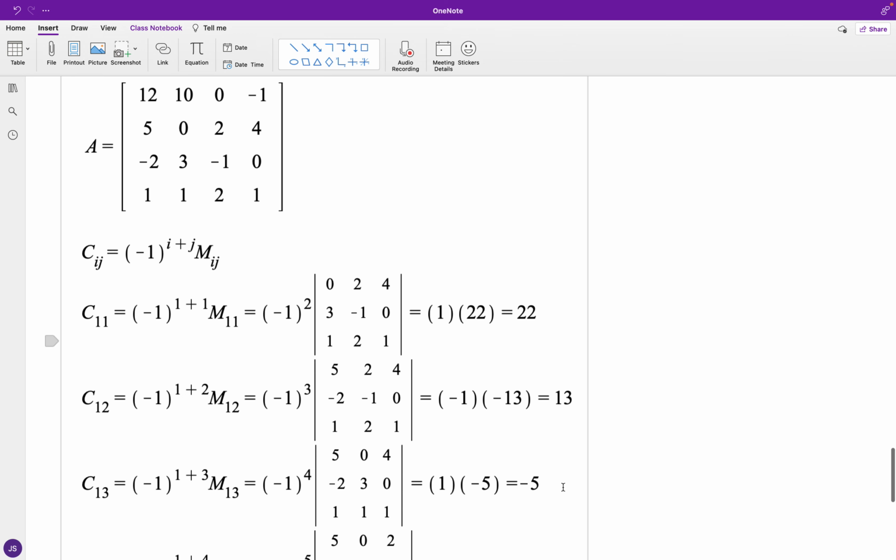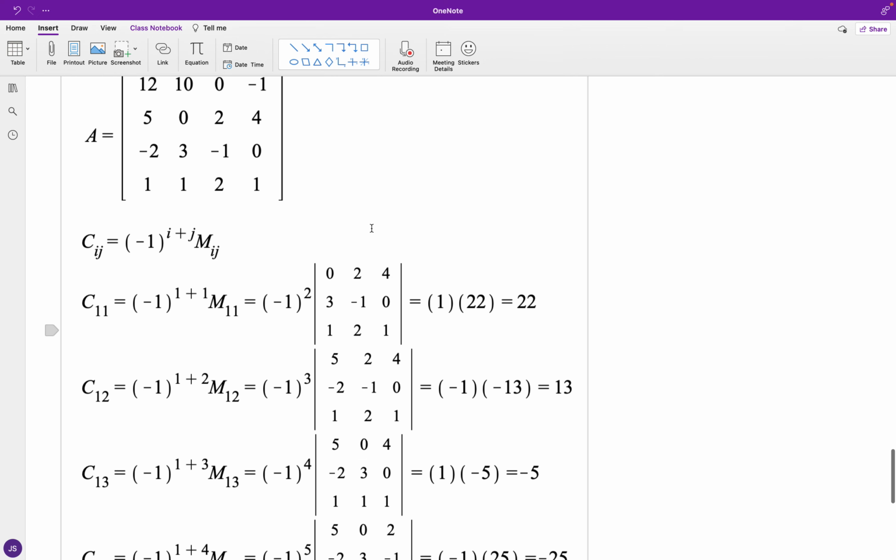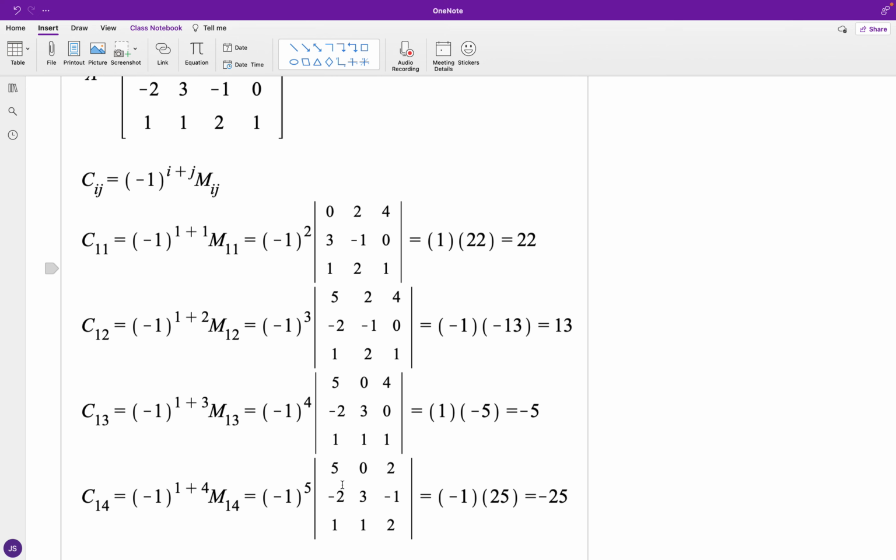And for the remainder of the top row, with the last column, covering up the top row and the last column elements, I have 5, 0, 2, negative 2, 3, negative 1, 1, 1, 2, which would form the minor of the first row, fourth column. And again, for negative 1, you have to the 1 plus 4 power, which is negative 1 to the fifth, and we have negative 1.